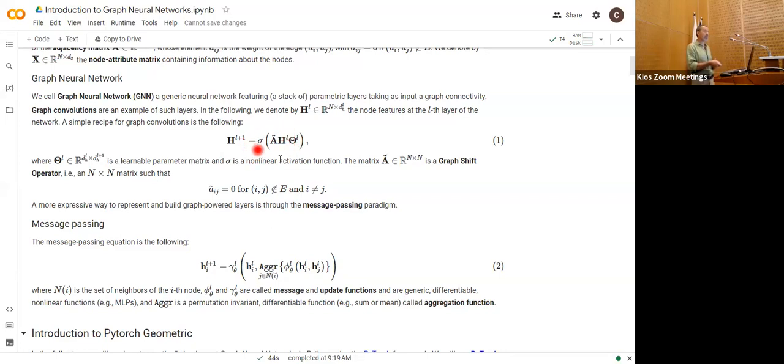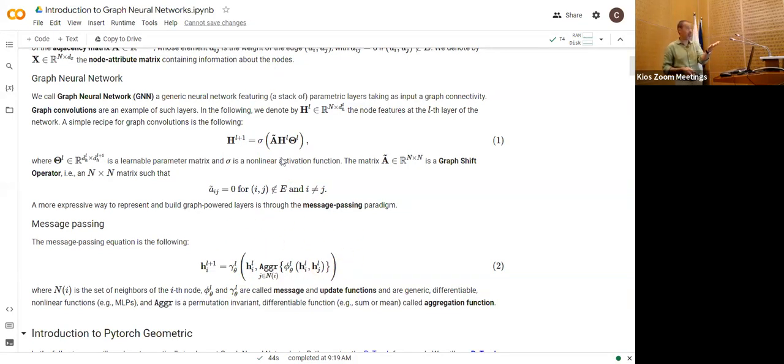And then you have a nonlinear function, and you generate the new graph. Okay? Graph, graph, graph, graph. There are no pooling layers here, just convolution. Nonlinear convolution. Okay, so message passing.